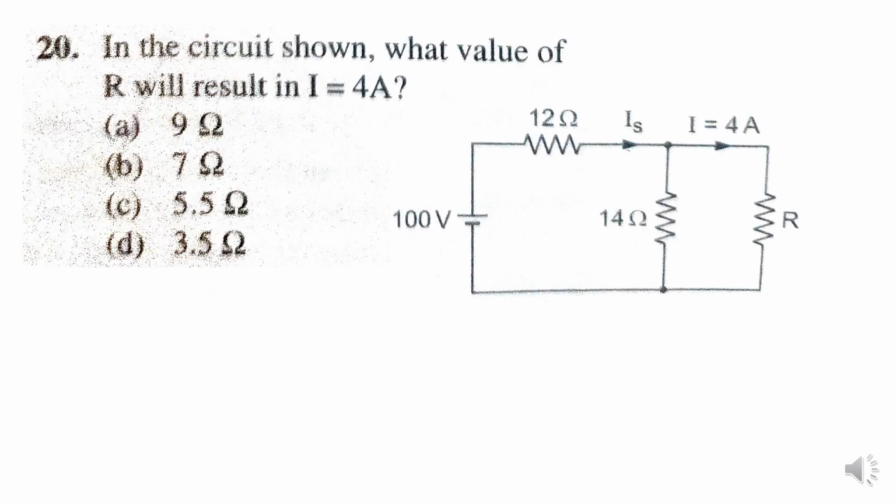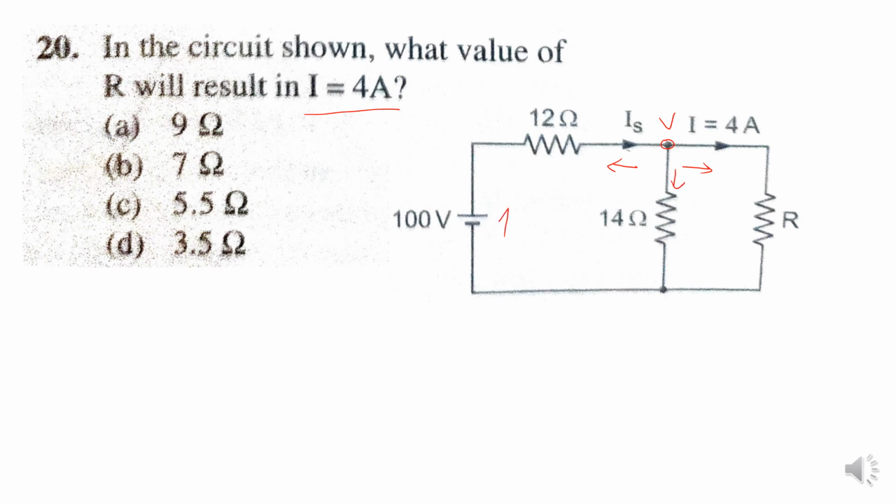Then in the circuit shown in the figure, what value of R will result in I equal to 4 ampere? See here, here also I am going to apply the nodal analysis. All the currents are flowing away from the node.